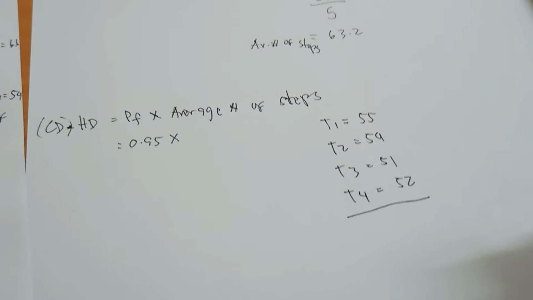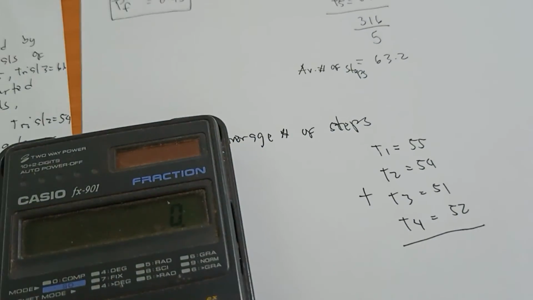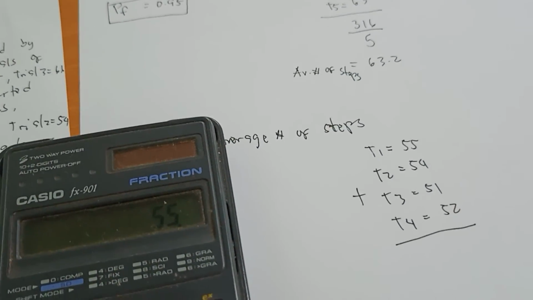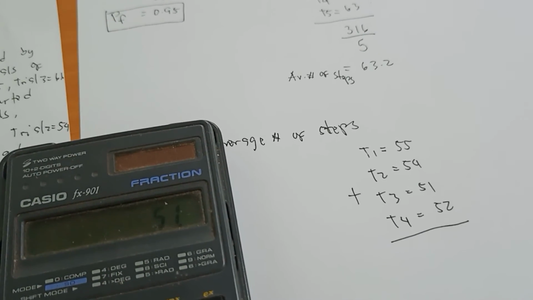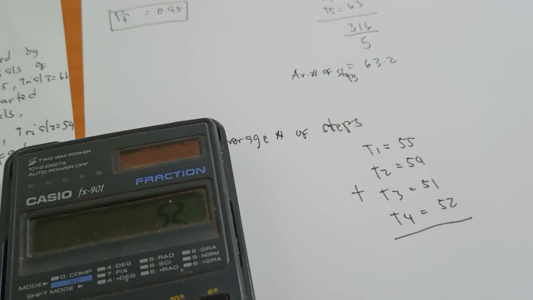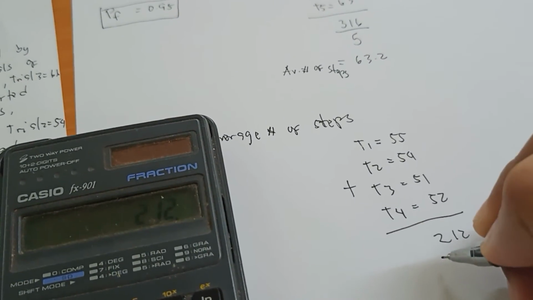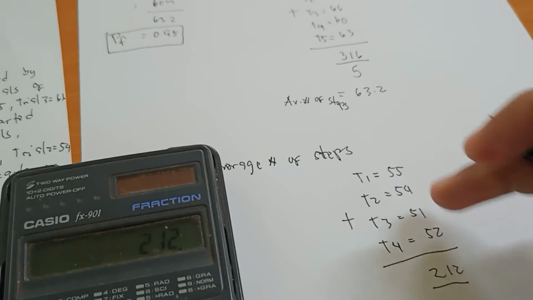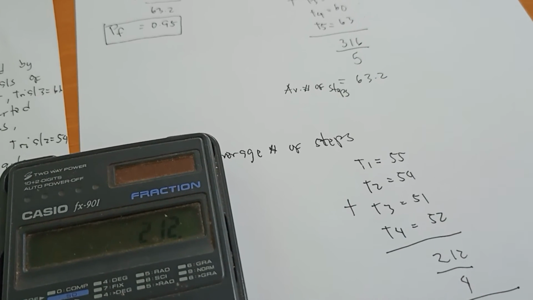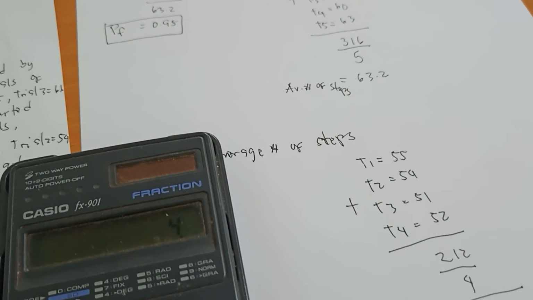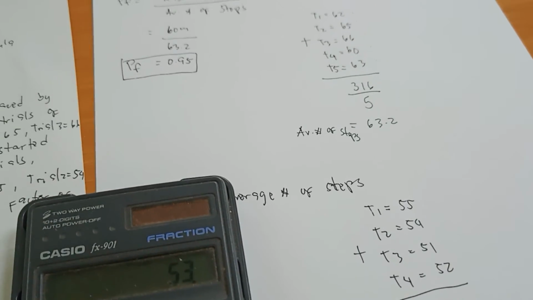Same as what you did earlier, just add them. 55 plus 54 plus 51 plus 52 equals 212. Divide by 4. We have divided by 4 equals to 53.